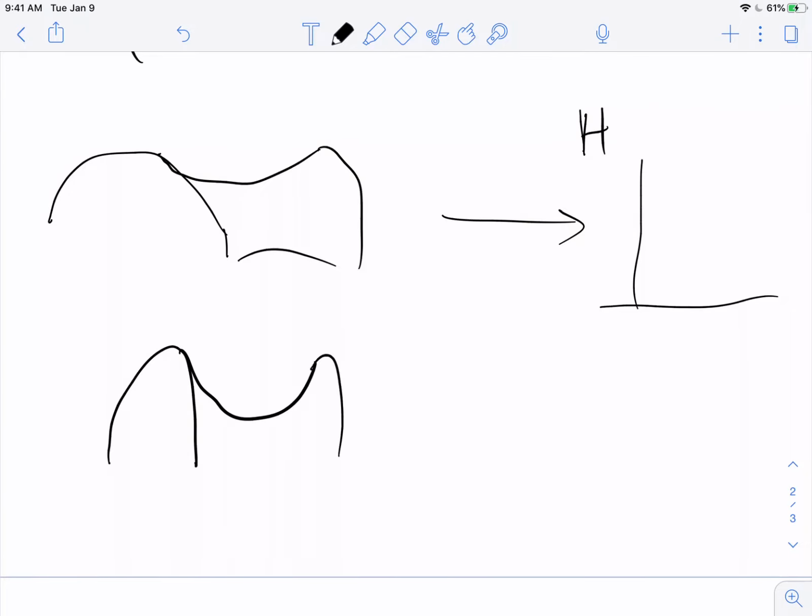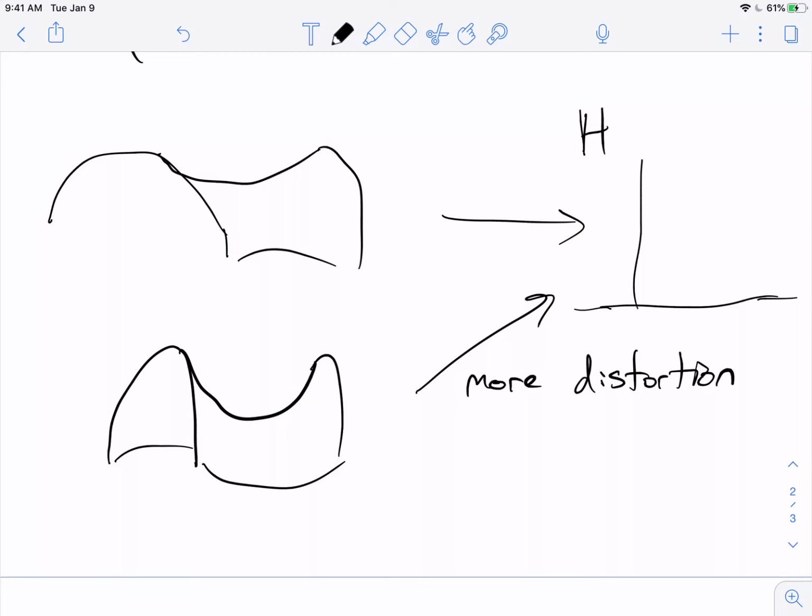If I have a more curvy one, it also maps to the upper half plane. And the geodesics are the same for both of these maps, but the distortion is more under this map because I have to bend things more to flatten this space out. And this one has less distortion.